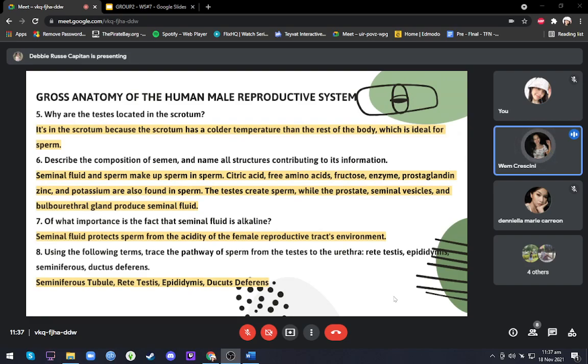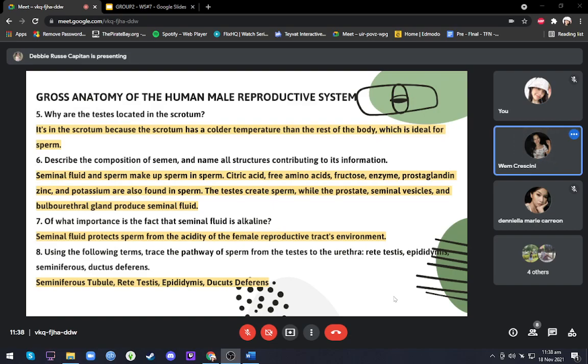And then number six, describe the composition of semen and name all structures contributing to its formation. So our answer is seminal fluid and sperm make up semen. In semen, citric acid, free amino acids, fructose, enzymes, prostaglandin, zinc, and potassium are also found.